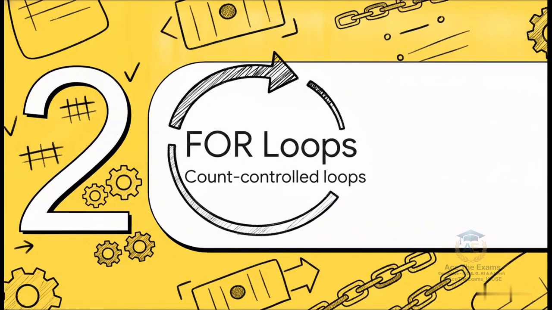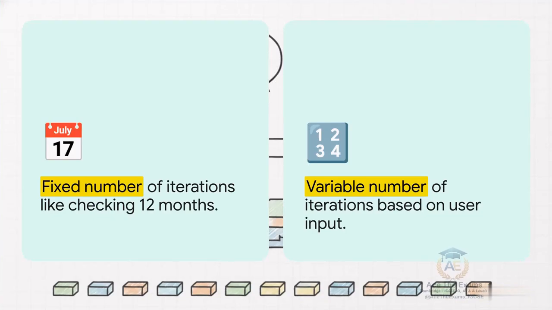Okay, let's jump to Section 2 and look closely at for loops, which are our count-controlled loops. So a for loop is perfect when we know exactly how many times we need to repeat an action. But here's the thing. Count-controlled doesn't always mean it's a completely static, hard-coded number. Let me give you an example. If you want to loop some code to check figures for every month in a year, you can safely hard-code that loop to run 12 times, right?